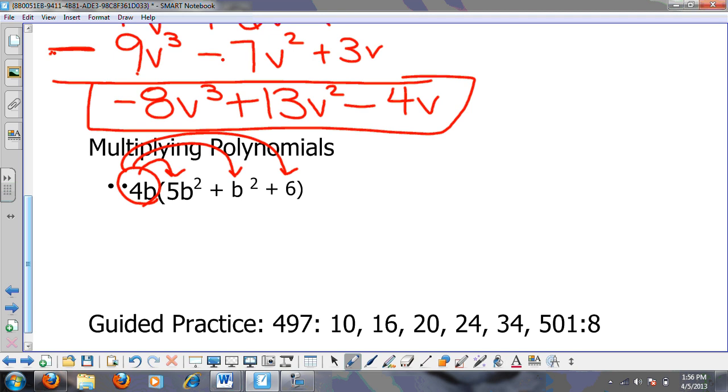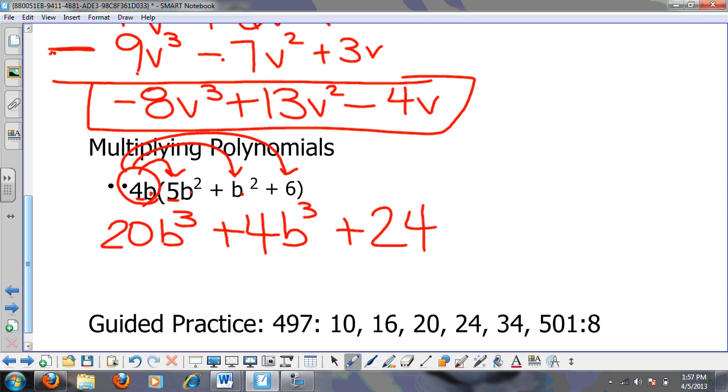Well, multiply your coefficients first. 4 times 5 is 20. b times b squared is b to the third. Plus 4 times 1, 4. b times b squared, b cubed, plus 4 times 6, 24. No b, b times 1 is b.